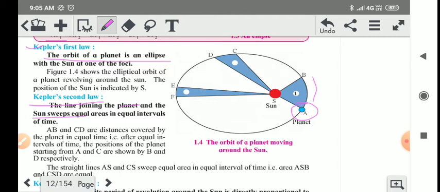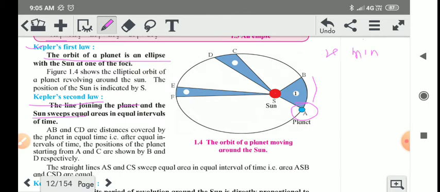Okay, and here is the position of the planet. A changes its position from A to B in a certain time. Suppose that certain time we can take as x minutes.